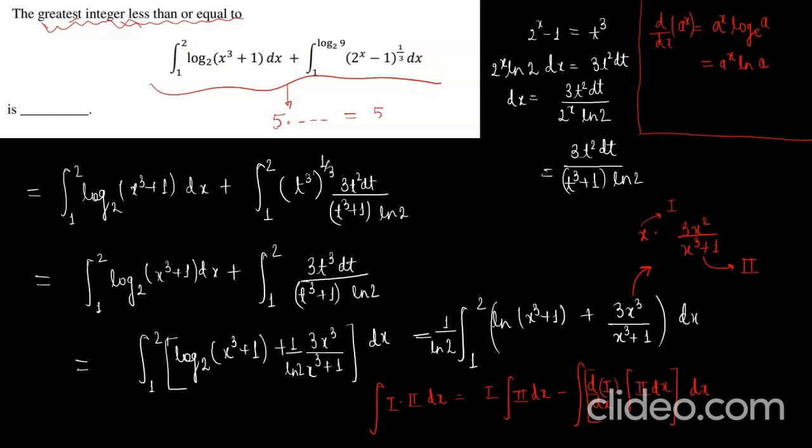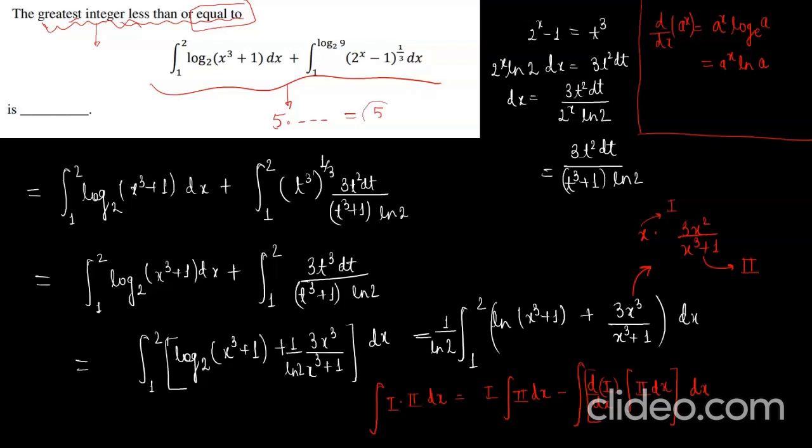If it came to be exactly 5, then the answer will be 5, since equal to is also mentioned. So 5 point something will give us 5.